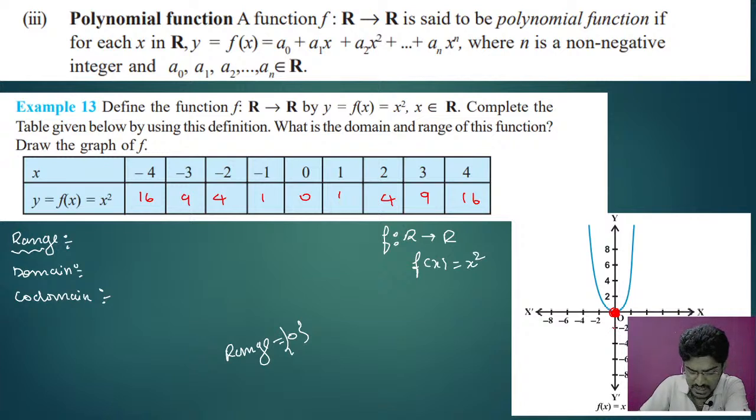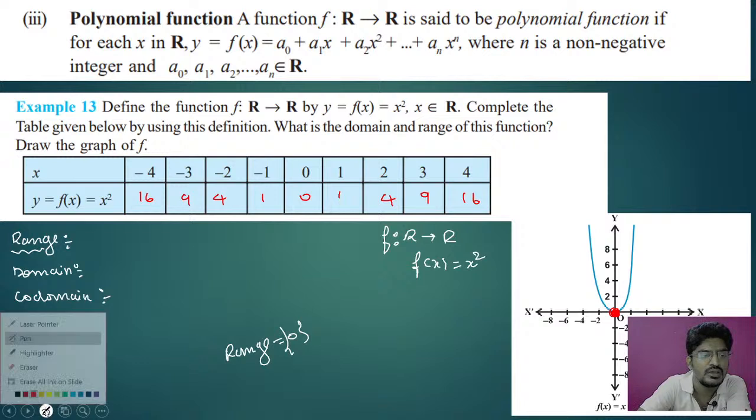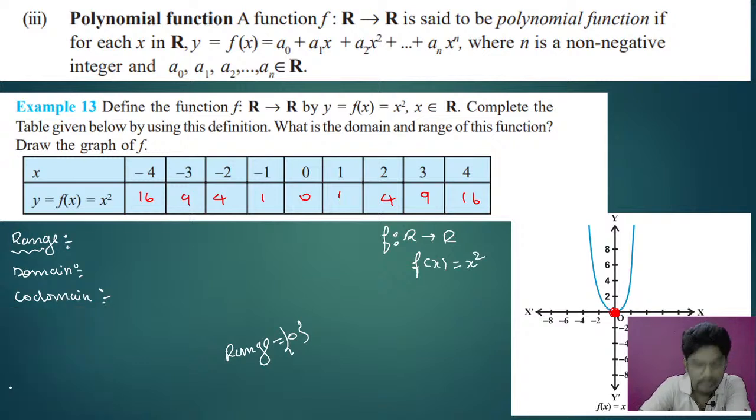There is some other term. That is the positive real number set union with the singleton set 0. Are you getting my point?